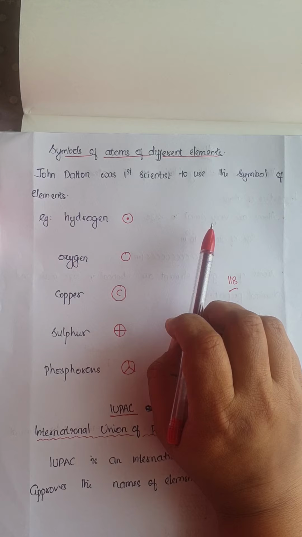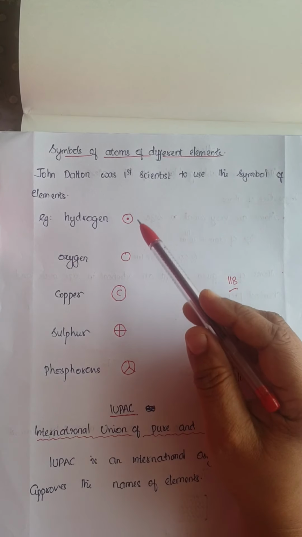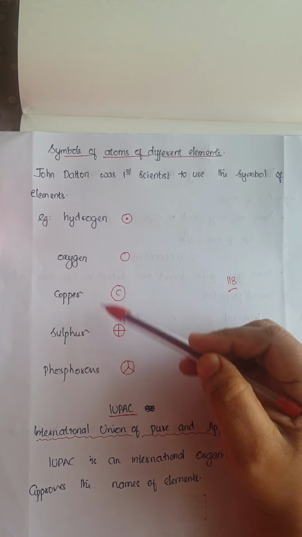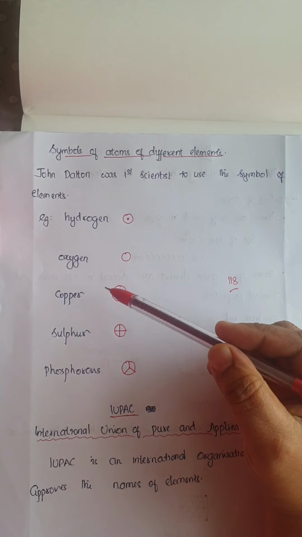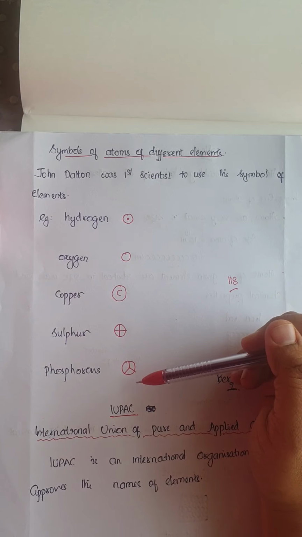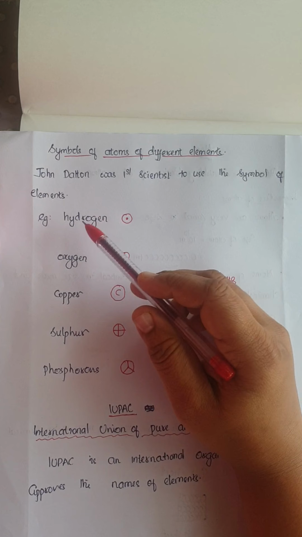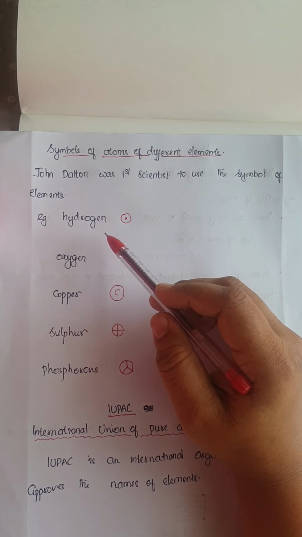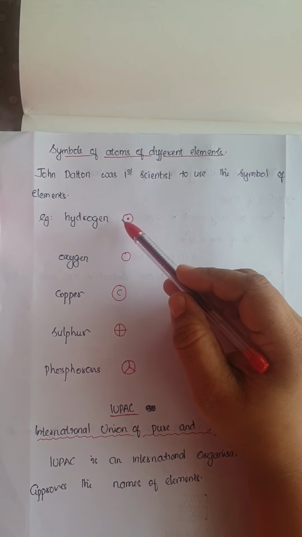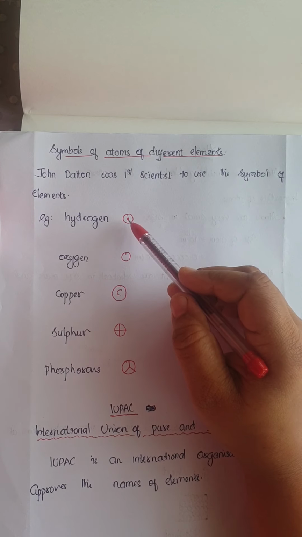Okay, how did he make the symbols, children? In a pictorial form, right? He represented these elements in the form of pictorial representation. See here, children, in the case of hydrogen, the symbol was given as a round with a dot at the center.